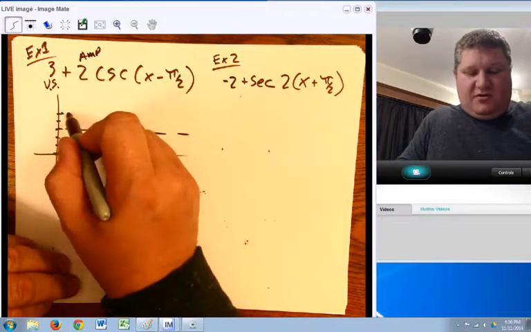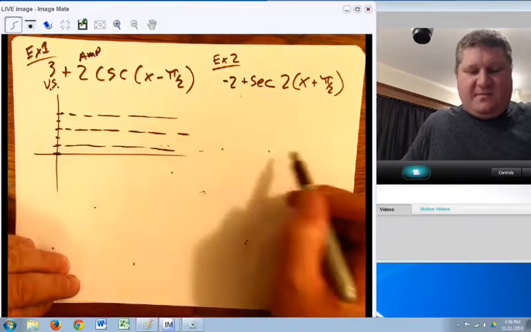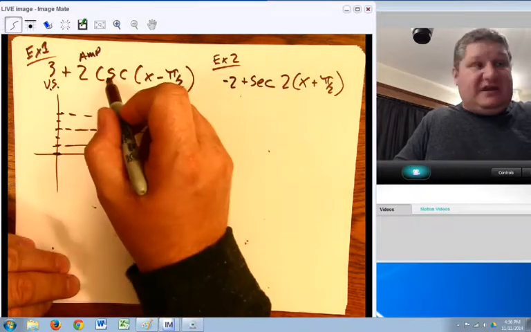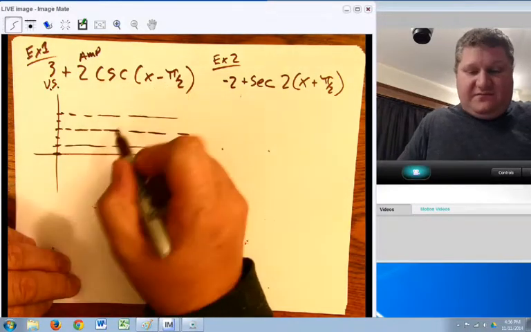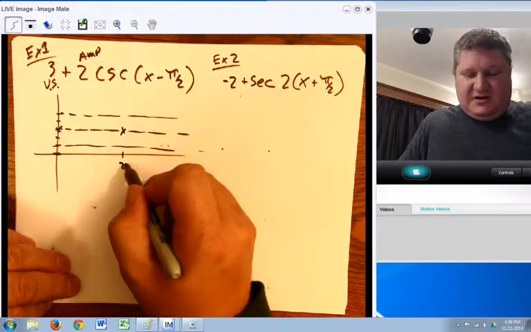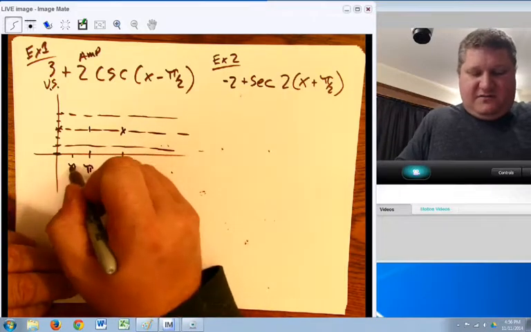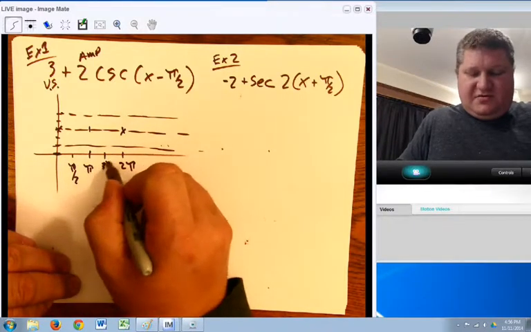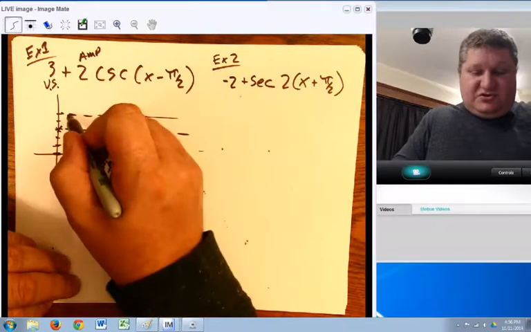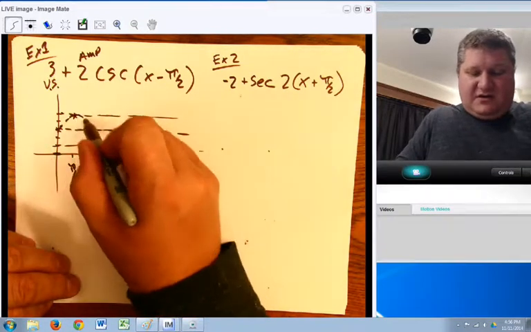So I'm going to go up 2 from there, down 2 from there. And because it's cosecant, it's really like a sine wave. So it starts here, it ends here, 2 pi, with pi over 2 and 3 pi over 2. So middle, up, middle, bottom, middle.